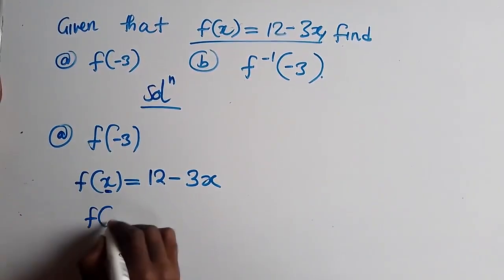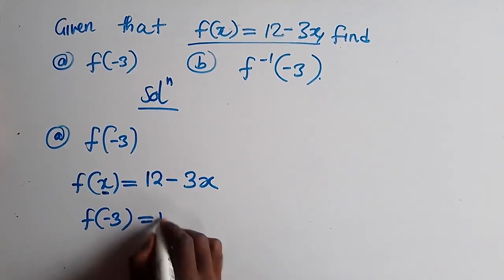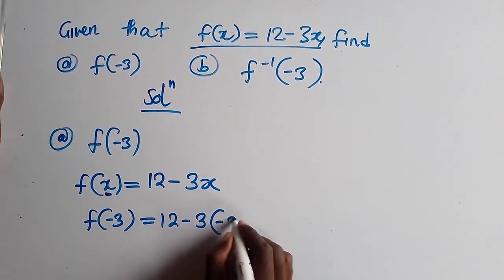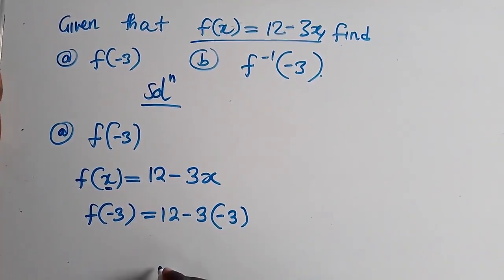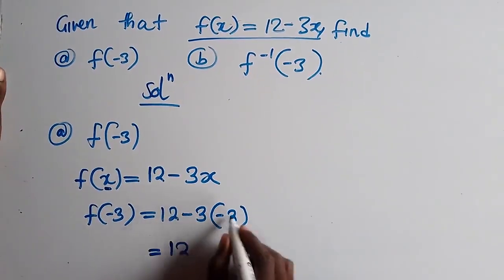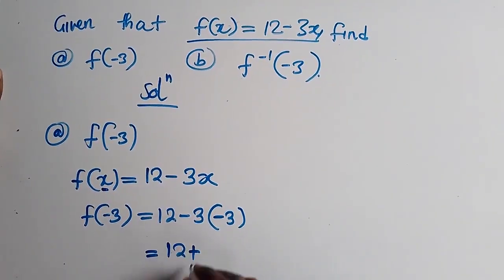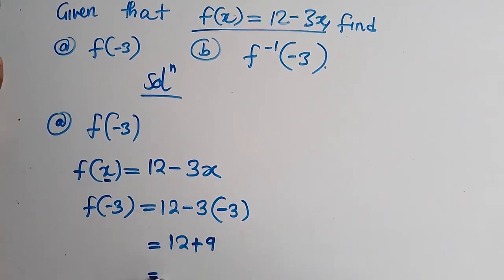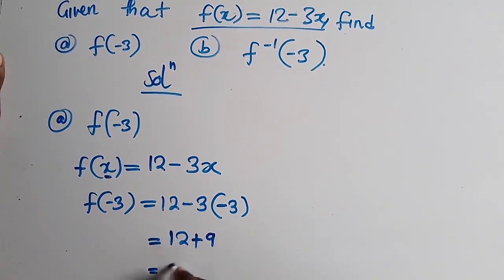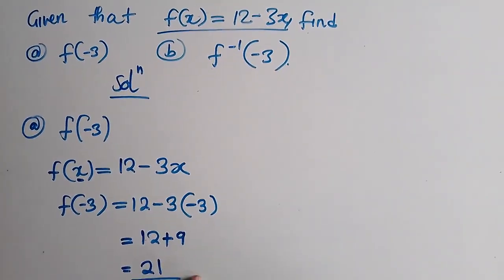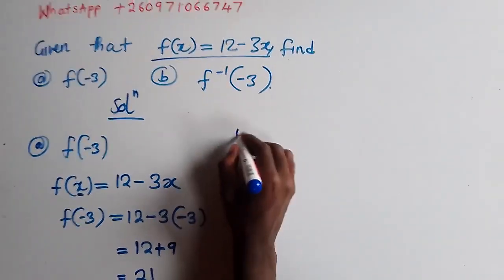So f of negative 3 is equal to 12 minus 3 times negative 3. This is equal to 12, negative times negative is positive, then 3 times 3 is 9, so 12 plus 9 is 21. This is my answer.